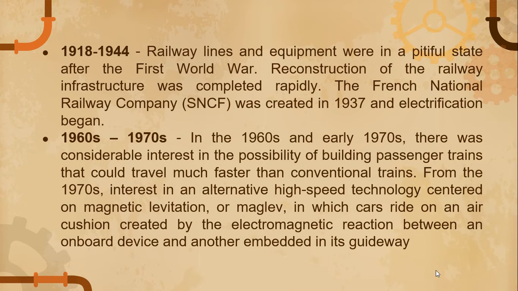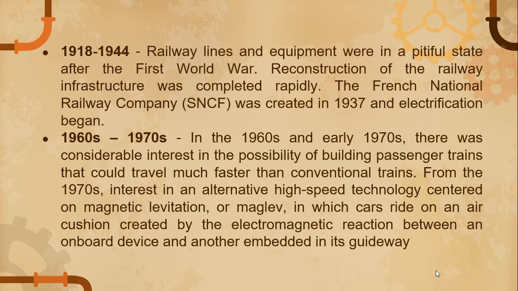In 1918 to 1944, railway lines and equipment were in a pitiful state after the First World War, or World War I. Reconstruction of the railway infrastructure was completed rapidly. The French National Railway Company, or SNCF, was created in 1937 and electrification began. The reconstruction at that time was again needed after 1939 to 1944 with major modernization of the network.